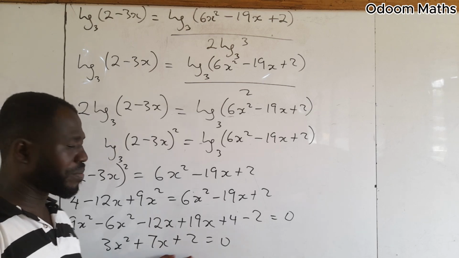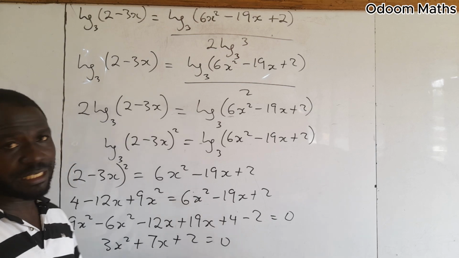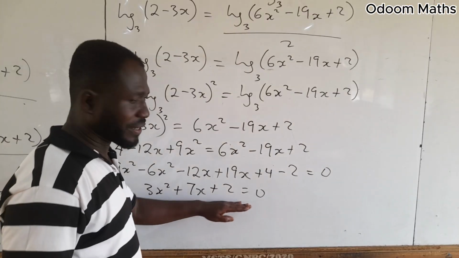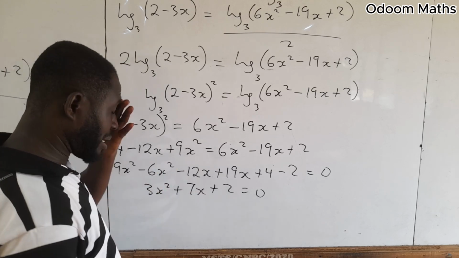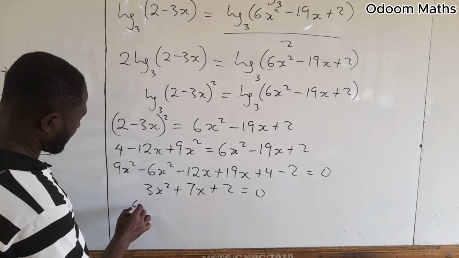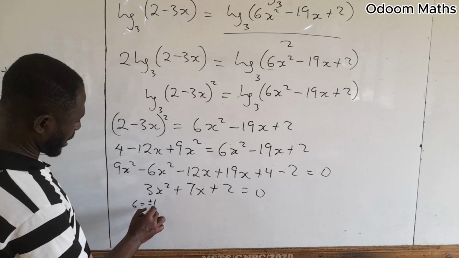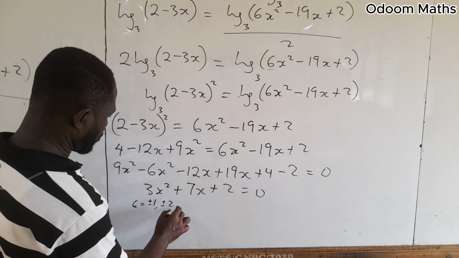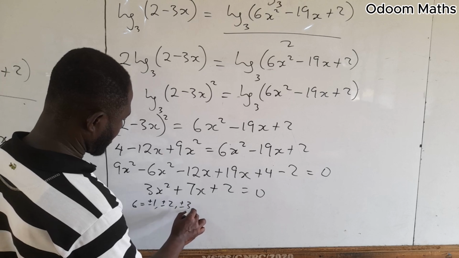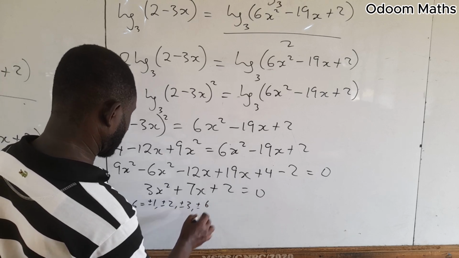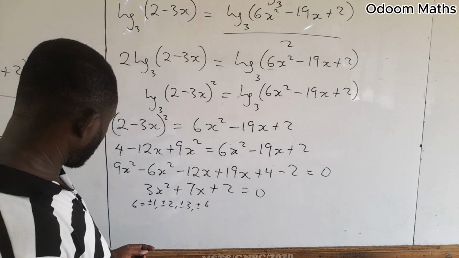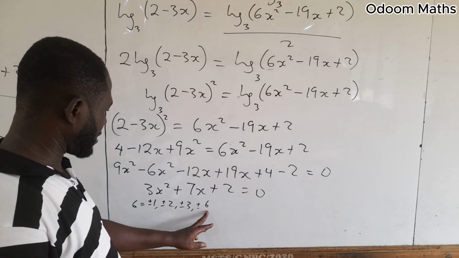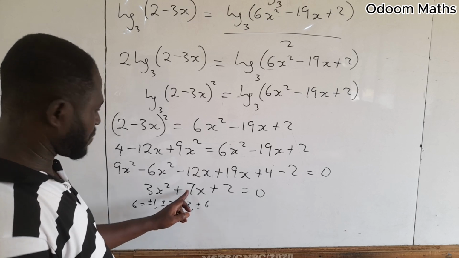Now I'm going to go by the factorization method. Okay, so by the factorization method, I am going to multiply these two, 3 and 2. So that is going to give me 6. And then factors of 6: plus or minus 1, plus or minus 2, plus or minus 3, plus or minus 6. Okay, so here I think I can choose 1 and 6, and this is positive 7.